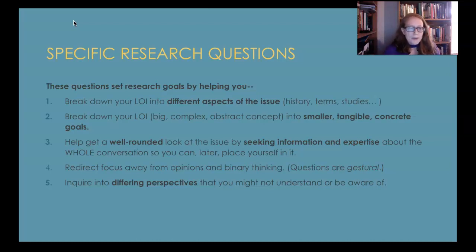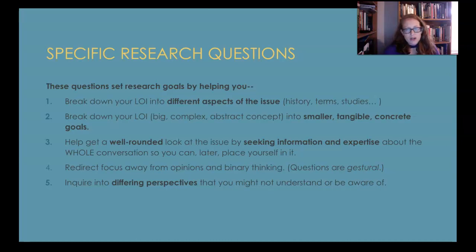So one of the things we're doing with this is breaking down your LOI, your line of inquiry, the direction you're going into, the conversation you're looking at, into different aspects of the issue, into history, terms, studies, perspectives, to break down this big complex concept into what I call Googleable questions, concrete things I can look up, not like why do people do this, or how does this happen.